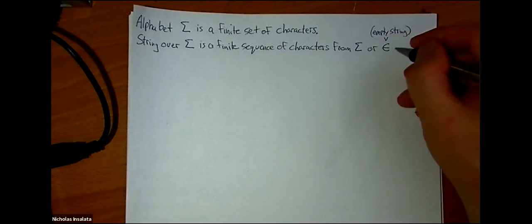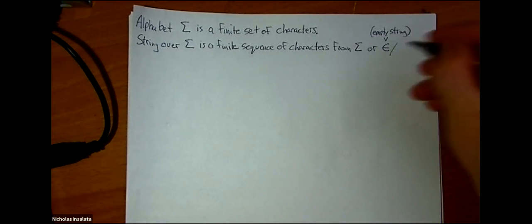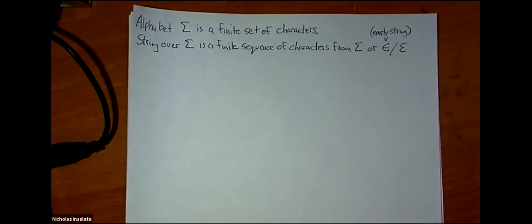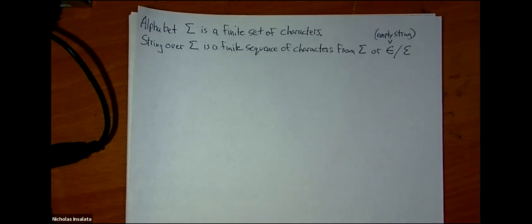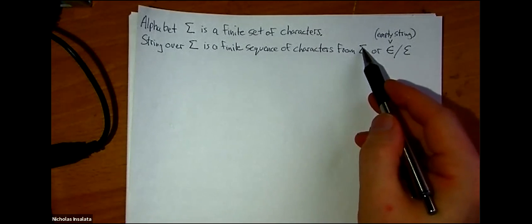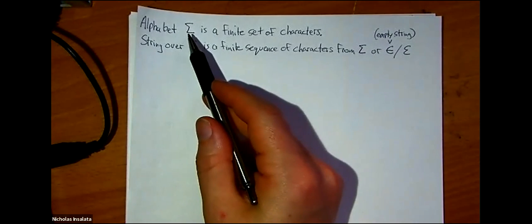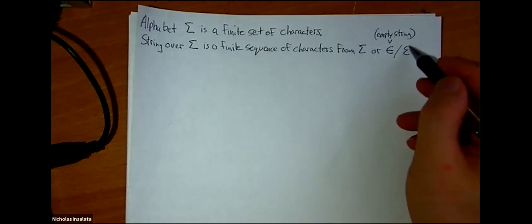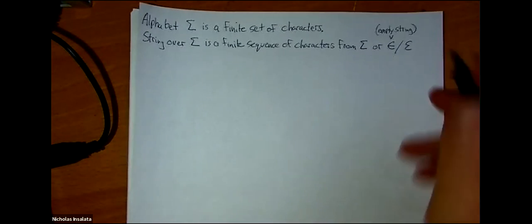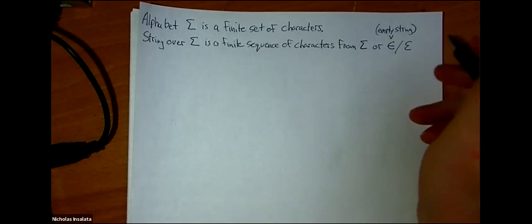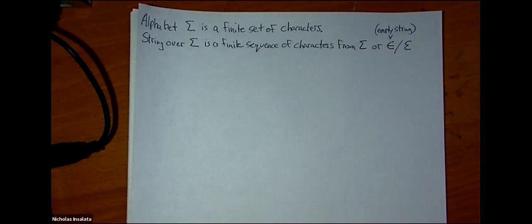So I like to do it this way, a curly E. The pointy E is sigma, the alphabet, and the curly E is the empty string. Not curly, but curvy is what I mean.